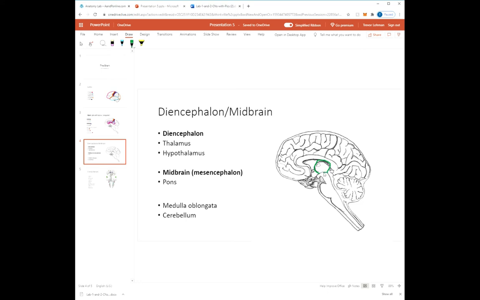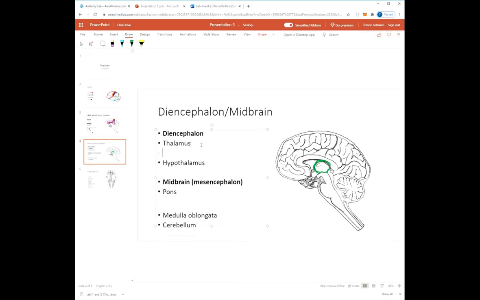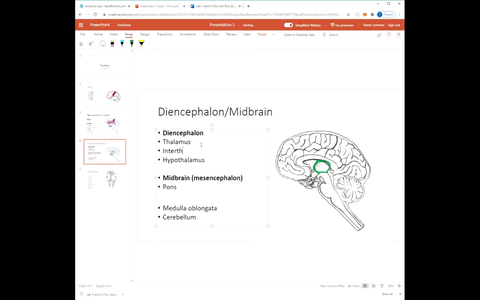Now, our artist has done a very good job drawing the thalamus. It doesn't always look so clear. And I'm going to add a structure to your notes. Apologies, I suppose I can do it. How do I get out of drawing? Oh, here we go. I'm going to add interthalamic adhesion.